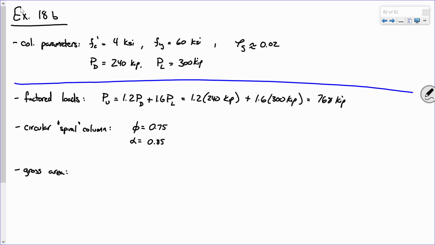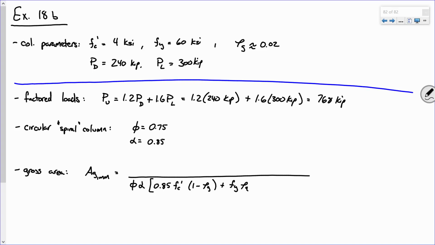All right. So our Ag min is a big fraction on the bottom, so phi alpha and then 0.85 f'c (1 minus rho g) plus fy rho g.